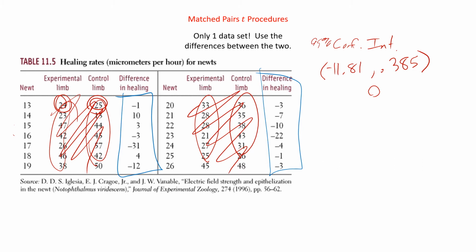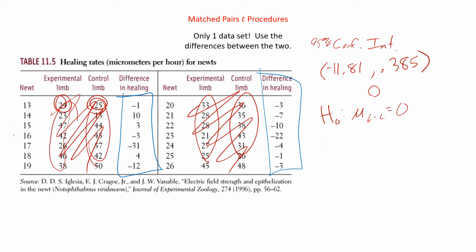So let's do a t-test using that. And we want a one-sided test because we'd want the difference to be less than 0. So for my test, H0, we're going to have the mean of experimental minus control equals 0.